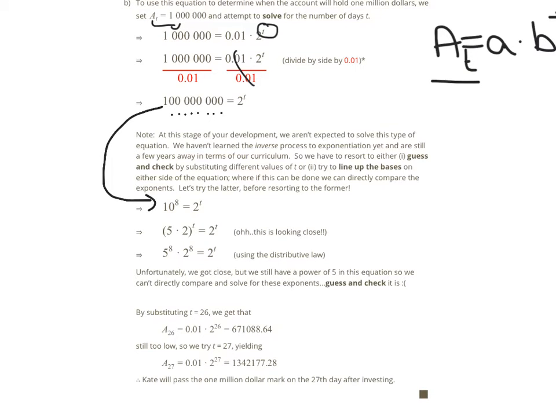Is 10 to the power of 8 $100 million? You can check it on a calculator. Just try it out. Yes, it is. That's right. So that's where they got down.